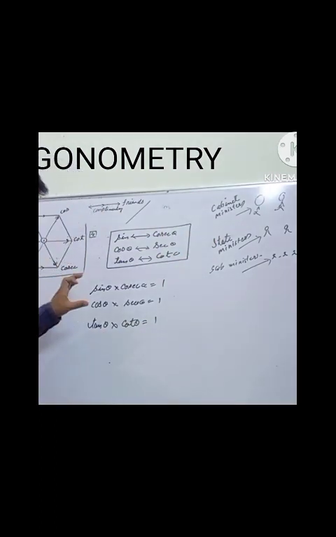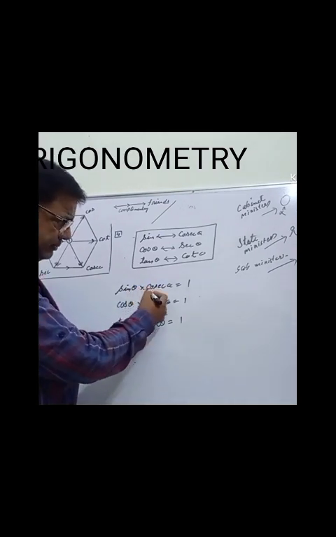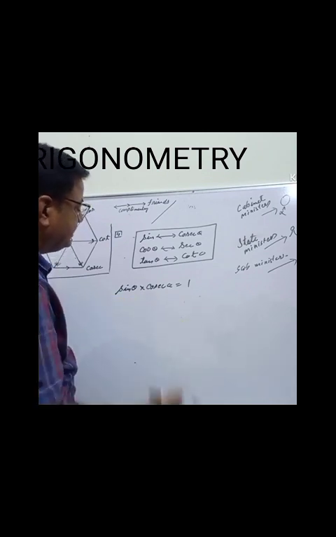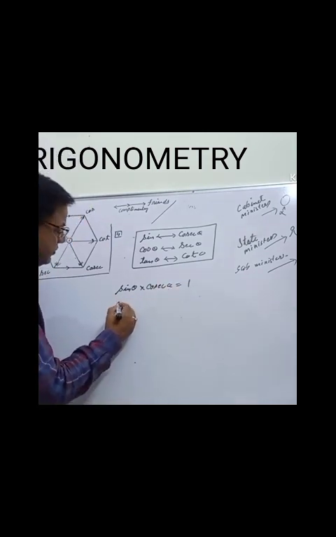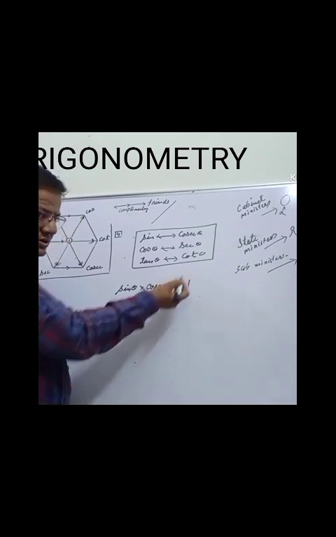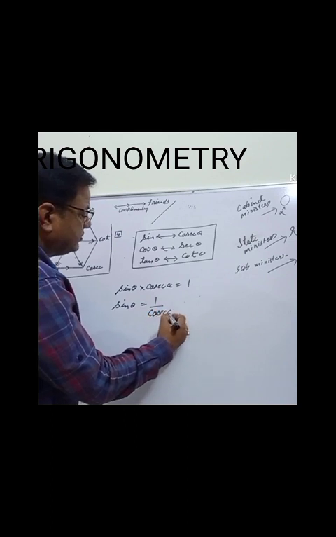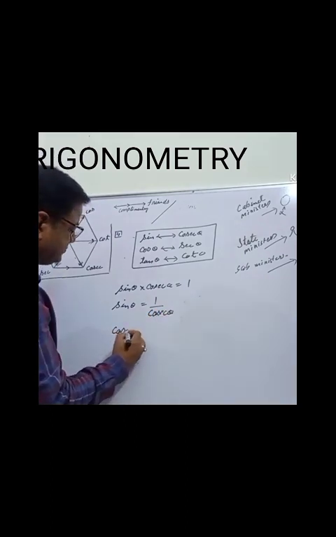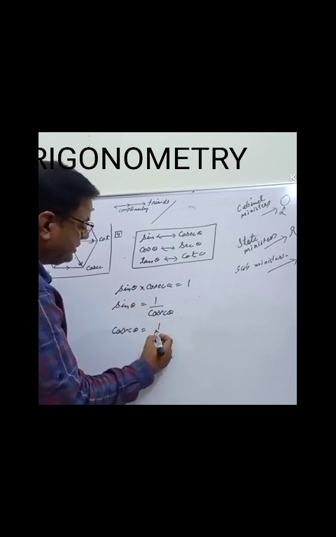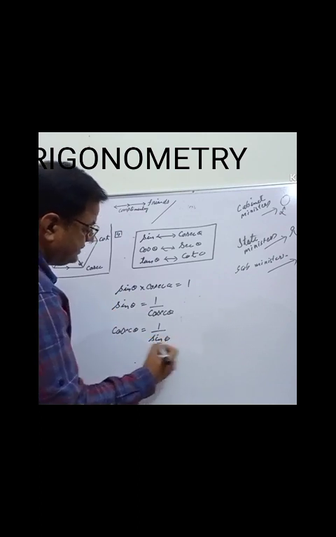So now we look at them. Sin theta multiplied by cosec theta equals 1. In this way we also find the value of sin theta equals 1 upon cosec theta, and the value of cosec theta is 1 upon sin theta.